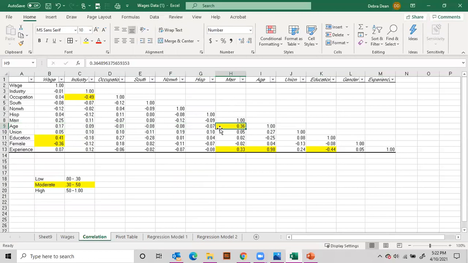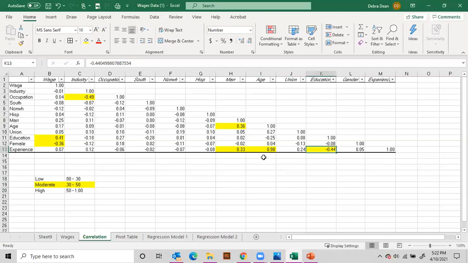If I'm younger, maybe 19, 20 years old, maybe I'm not married yet. But if I'm older, then there's more likelihood that I'll be married. And experience, which also makes sense because that correlates more with age, and you see that here, experience and age go together. So age, experience, and marriage, those 3 are all dancing around the same campfire.